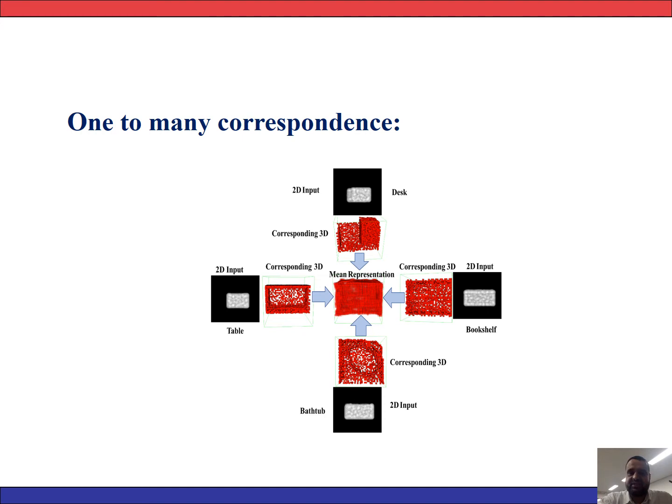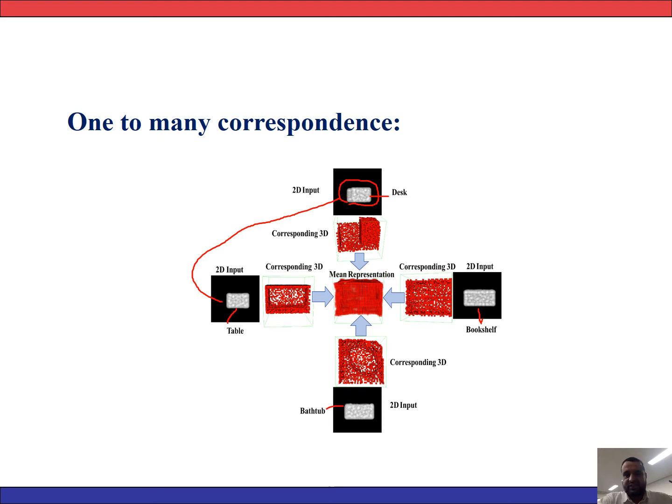However, there is one limitation of this architecture. Suppose the 2D inputs have similar representations, because a 2D image in itself has limitations, it does not contain the full information. Even though this 2D image belongs to a desk, this one to a table, this one to a bathtub, and this one to a bookshelf, from our own eyes we cannot see the difference between these objects.